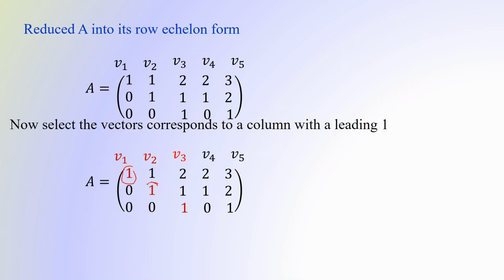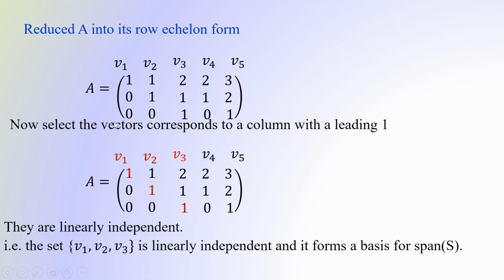For the second row, the leading one is this one. For the third row, the leading one is here. Now you take V1, V2 and V3. So they are the linearly independent set of this collection.